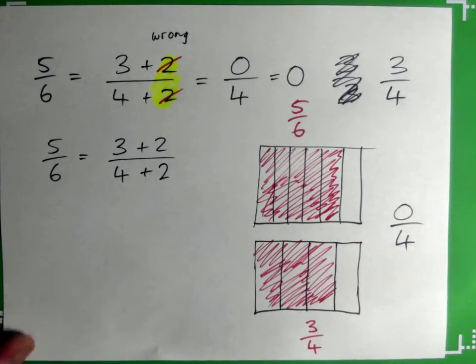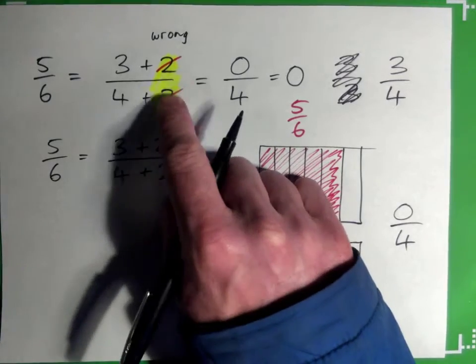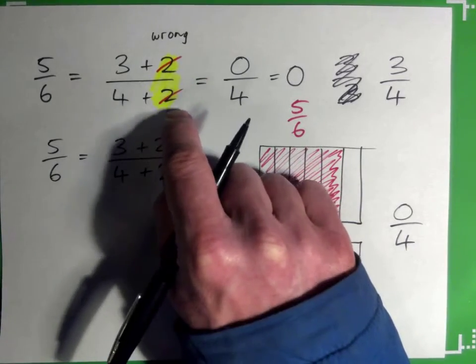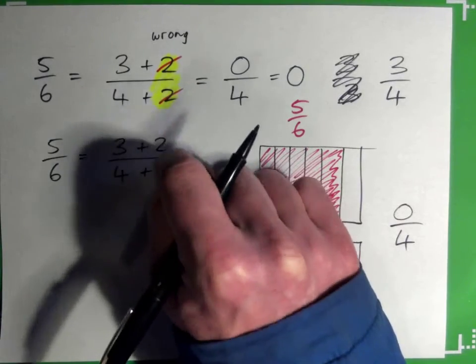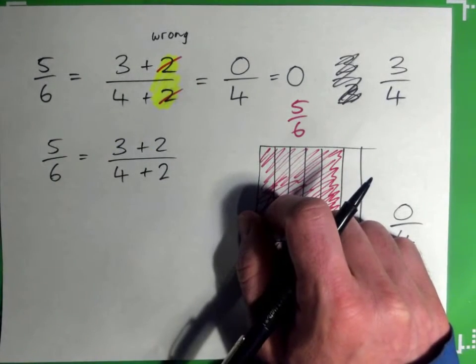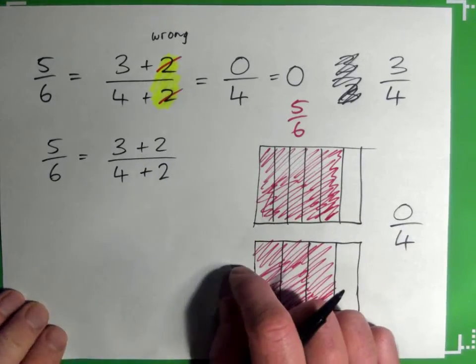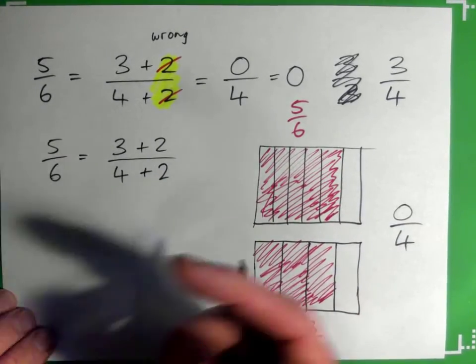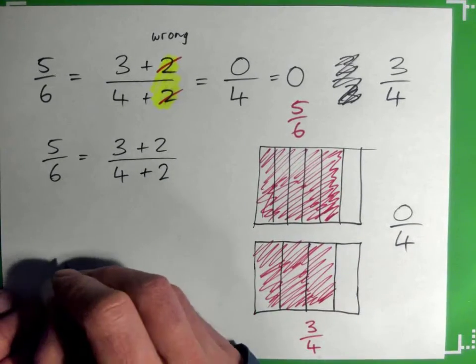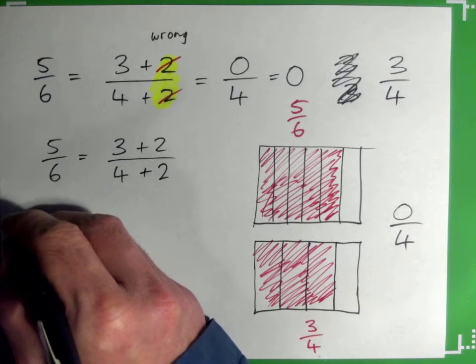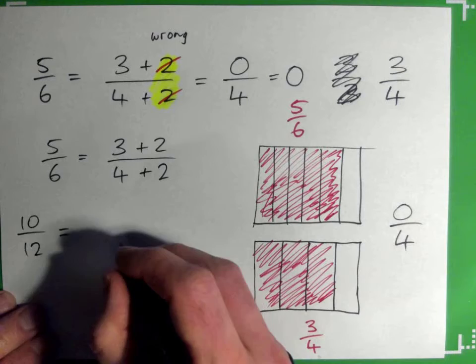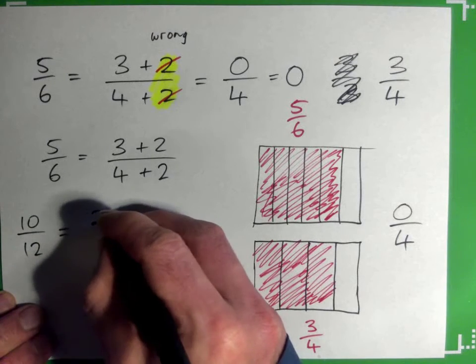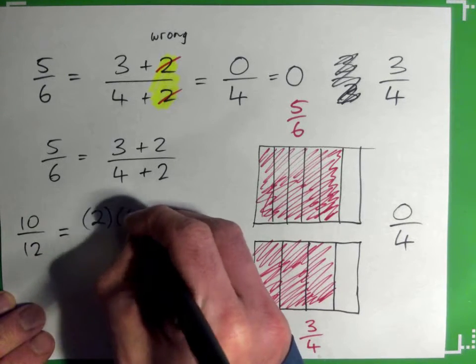Definitely wrong. And the mistake is you cannot cross cancel when we've got things being added or subtracted on the top of a fraction, right? We can cross cancel if it's being multiplied, but this doesn't simplify. But let's say I had 10/12ths, okay? Now 10 is 2 times what? 5, right?